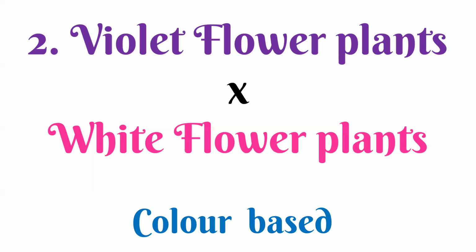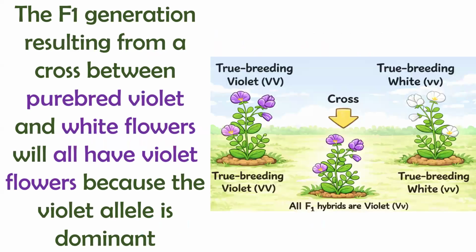Next, he did another monohybrid cross, violet flower plants versus white flower plants. He wanted to study the change in color. First he crossed violet versus white flower plants. The result was violet flowers, so we know violet is the dominant one.